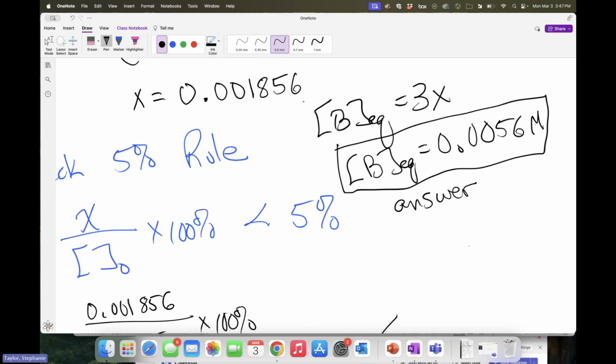Usually it's not because, again, that value of K is so small, the change is so small, we use the approximation method because it works. But there are some people that, if this very last digit for x that I've got, 0.001856, and if your calculator told you that that last digit was a 7, some of y'all can't handle that.